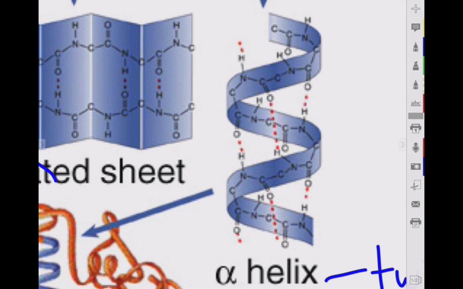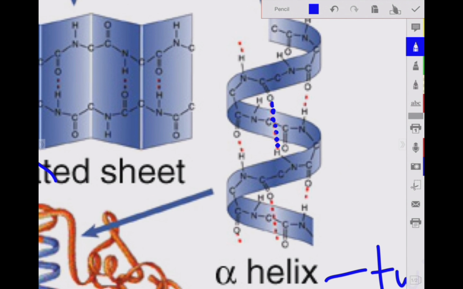So instead of it being sort of a long sheet, it's curling up. And what's doing the curling, if you look at this amino acid here, for example, it's being attracted to an adjacent amino acid.